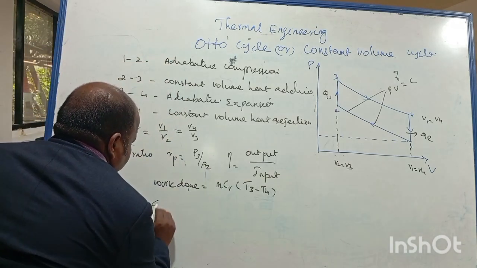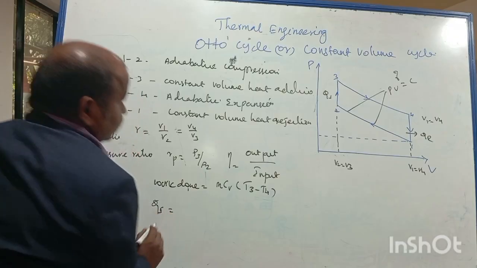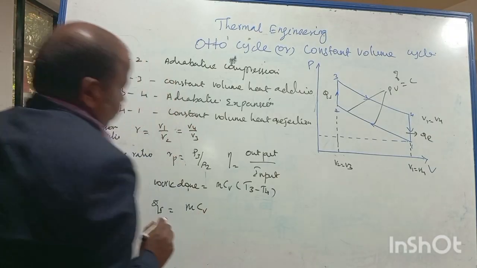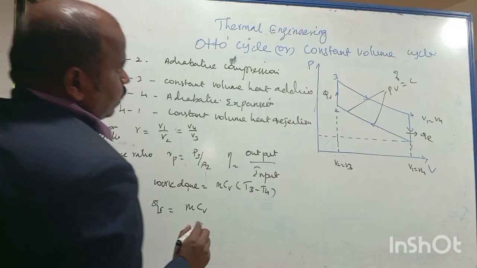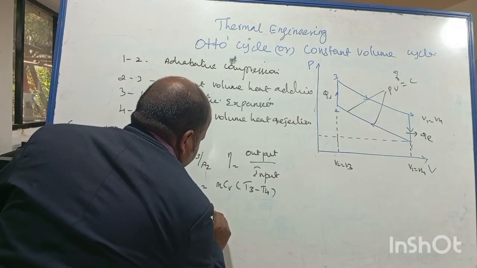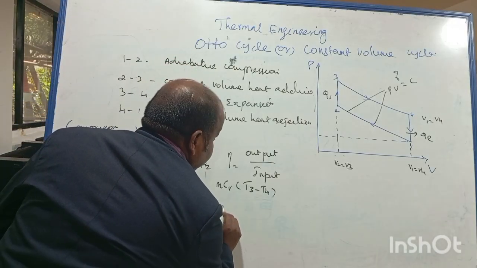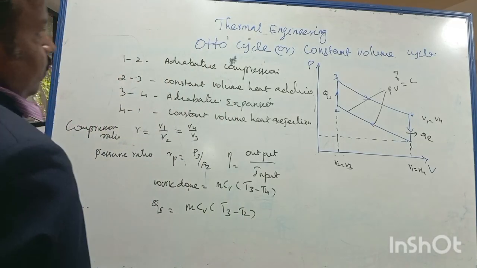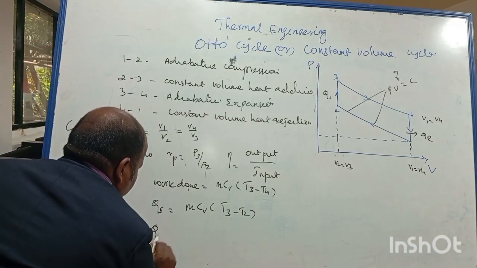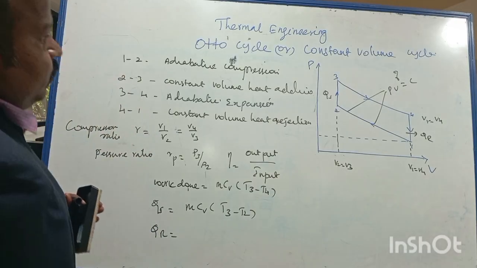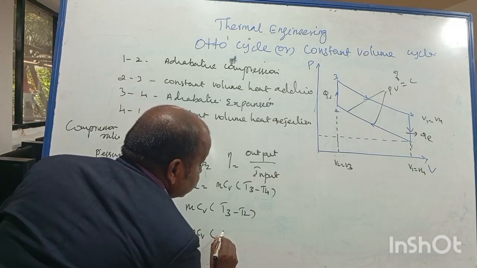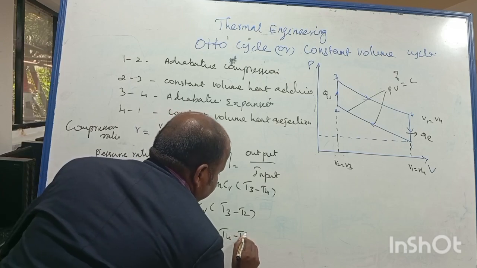Then heat supplied Qs is equal to mCv into (T3 minus T2), and heat rejected QR is equal to mCv into (T4 minus T1).